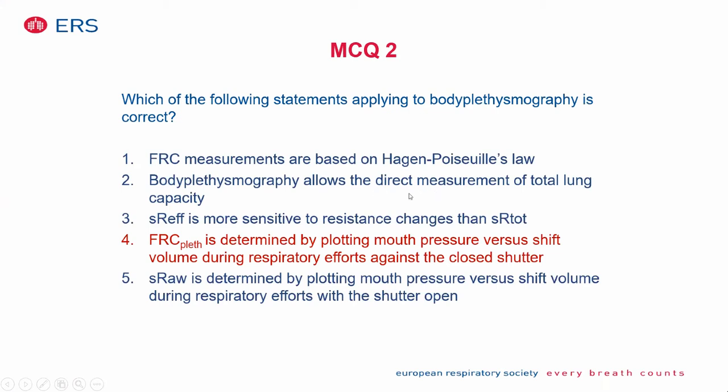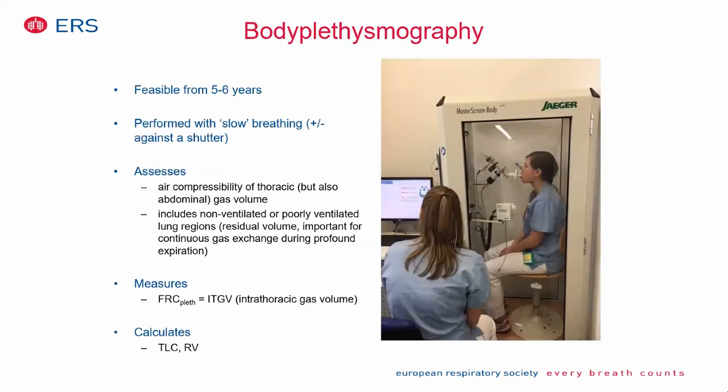The measurement of total lung capacity is an indirect measure, as I will show you. sRaw is not more sensitive to resistance change than sRtot, it's the contrary. I will show you this on the curve, and this is the correct answer. And sRaw is determined by plotting the flows at the mouth versus the respiratory efforts. So 4 was the correct answer.